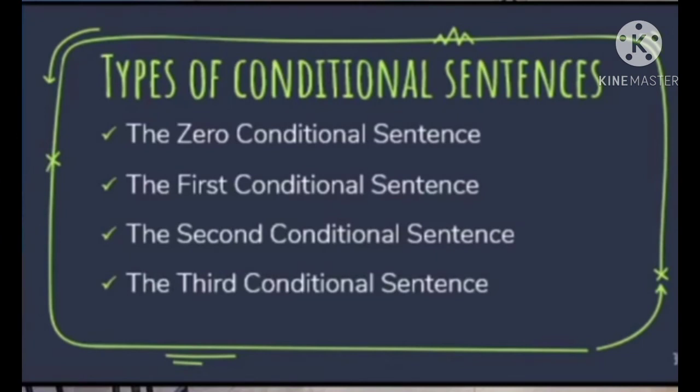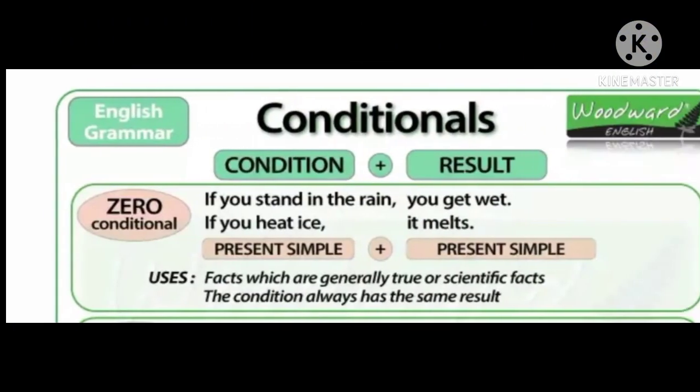There are four types of conditional sentences. We have the zero conditional sentence, the first conditional sentence, the second conditional sentence, and then the third conditional sentence. In each type of conditional sentence, there are certain formats to follow, and we are going to discuss them later one by one.